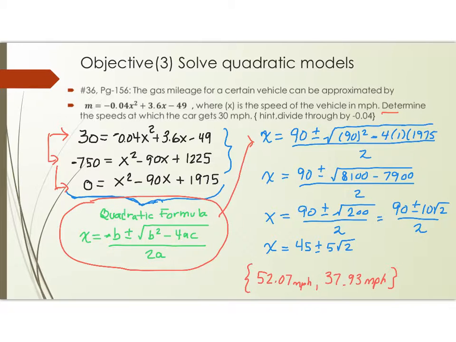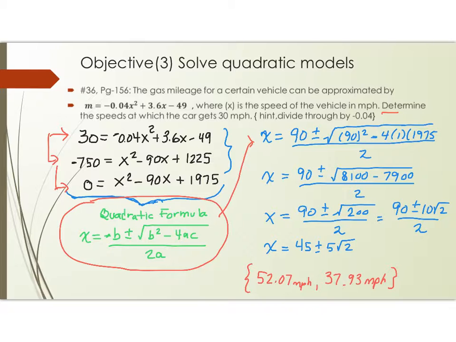X equals 90 plus or minus the square root of 8,100 minus 7,900 divided by 2. So x is equal to 90 plus or minus the square root of 200 divided by 2, or x is equal to 90 plus or minus 10 times the square root of 2 over 2.